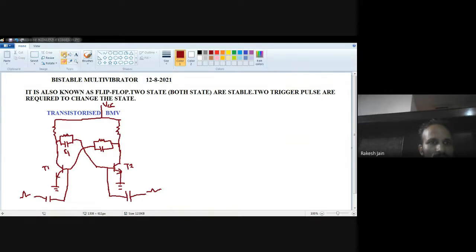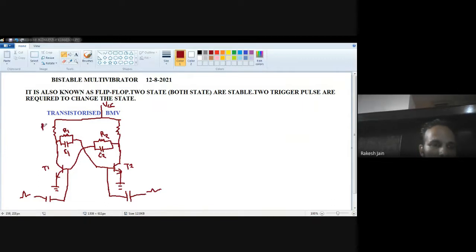Now this resistor and capacitor parallel combination, that is R1 C1, is the cross coupling between the collector of the first and the base of the second. And from this R2 and C2 parallel combination, I just connect the base of the first with the collector of the second transistor.